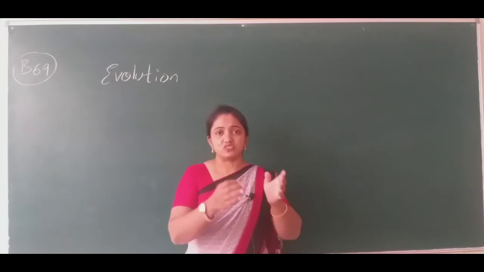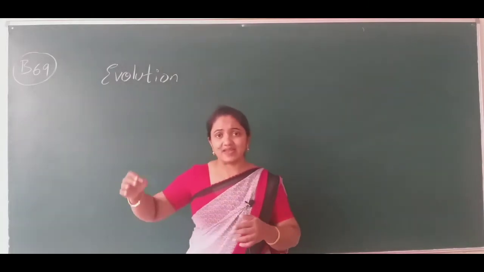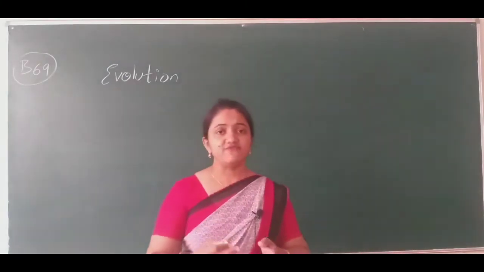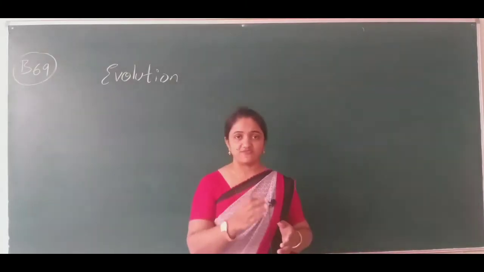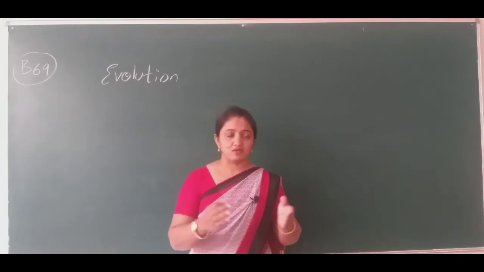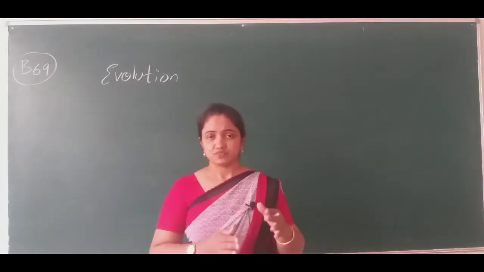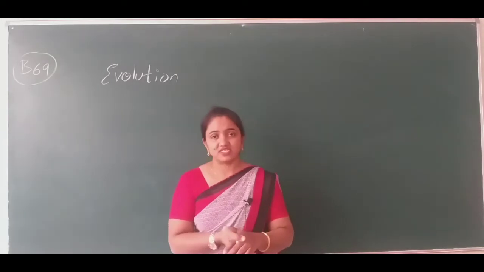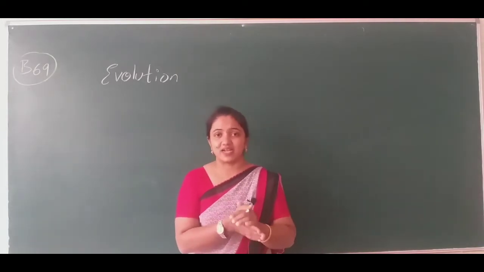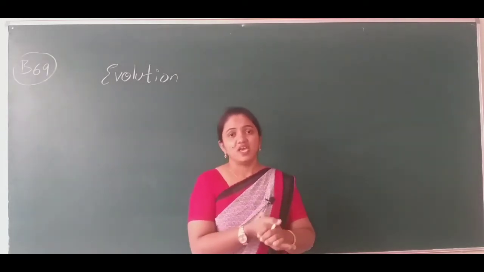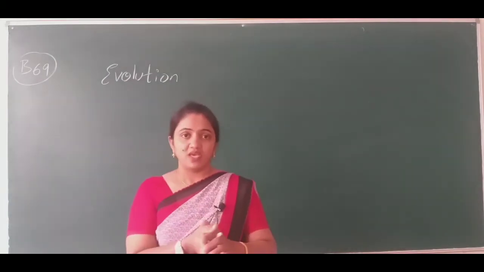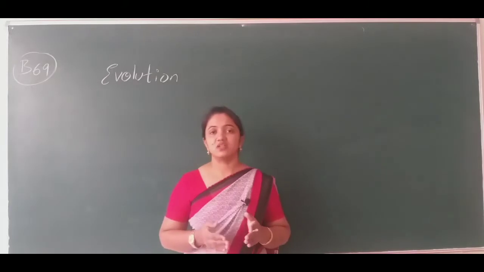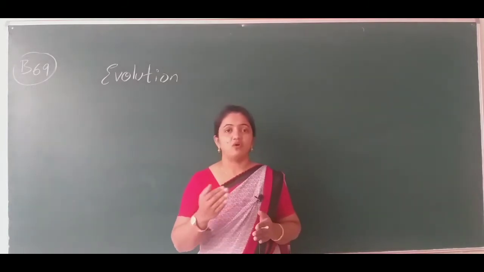Those new species again and again evolved and formed different species or different living organisms. That was all about yesterday's session. But in this session, the content is the evolution of life forms. In a theoretical manner, we are going to learn how life forms evolved.